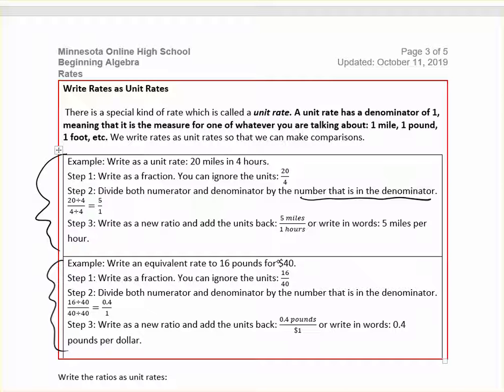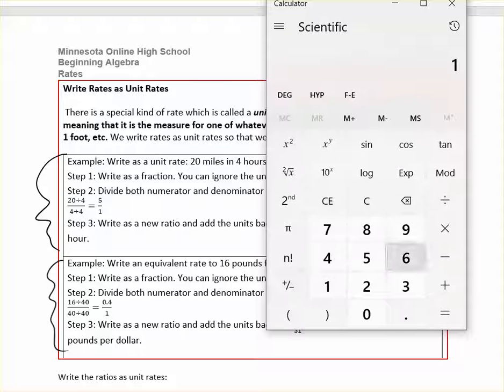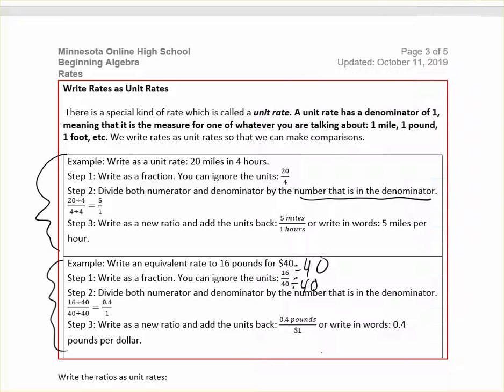That's okay. So in this problem, we have to divide both top and bottom by 40. And when you use your calculator and take 16 divided by 40, you will see that you get a decimal number, 0.4.